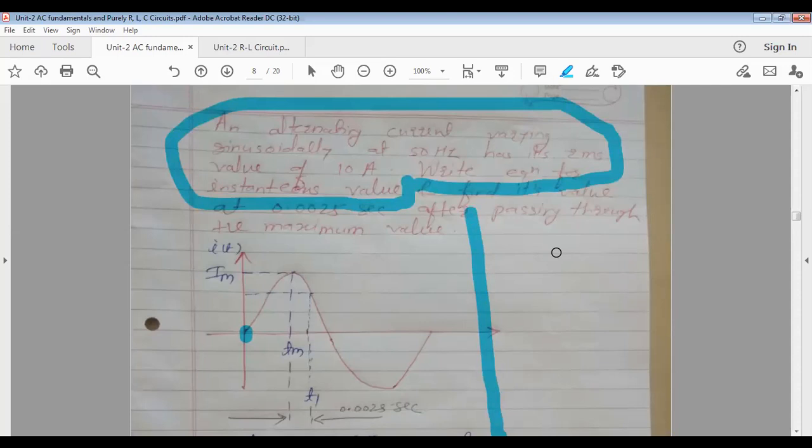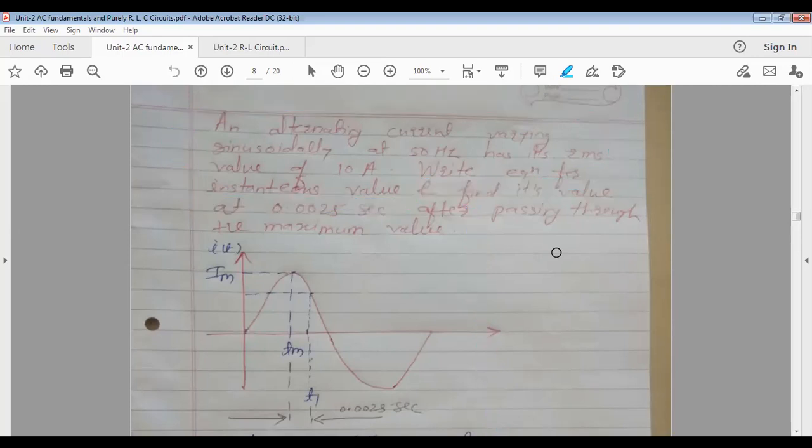What is the standard instantaneous current equation? It is Im into sine omega t. Very good. I of t is equal to Im sine of omega t.